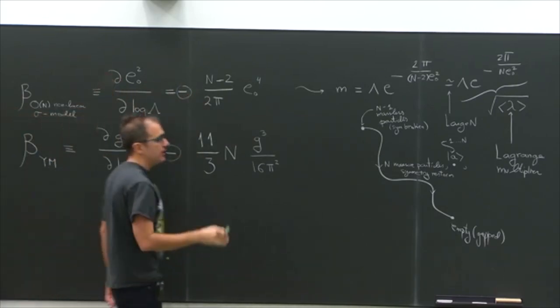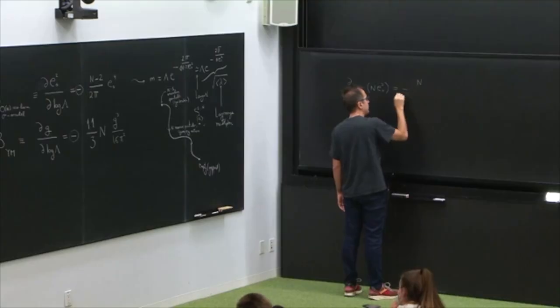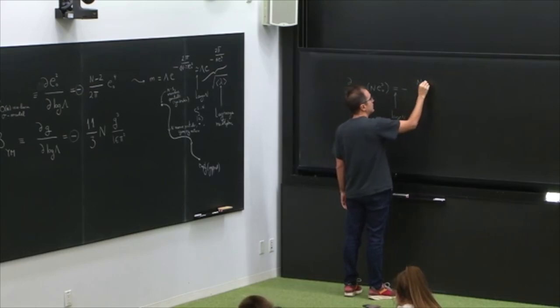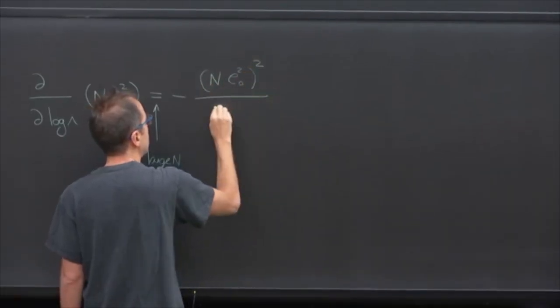Let me do it in a different blackboard. You would want to say that the derivative with respect to log of the cutoff of N times e0 squared is equal to minus, now I'm doing large N, minus N e0 squared over 2 pi.